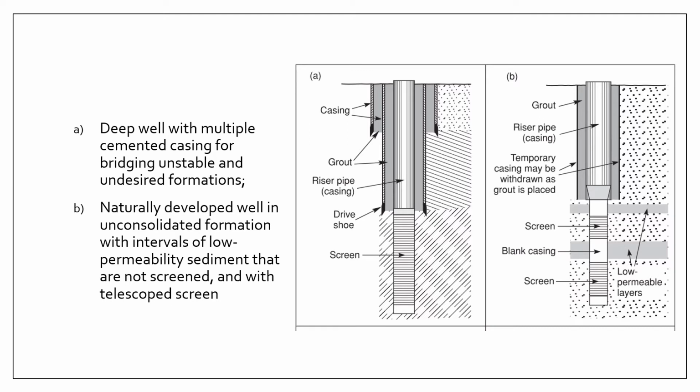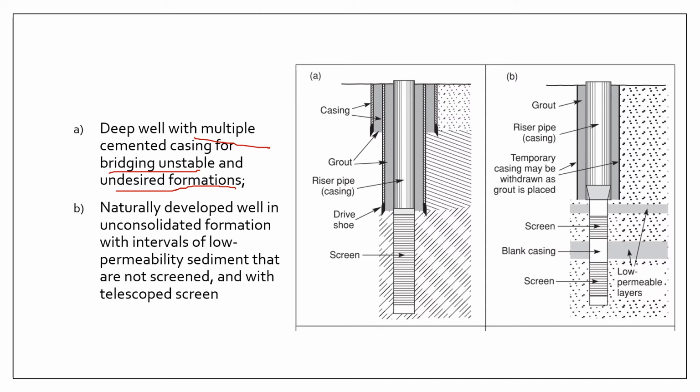As you can see here, we have two diagrams that are showing two different aquifer formations or situations. The first one is showing how multiple casings can be used to bridge unstable or undesired formations.